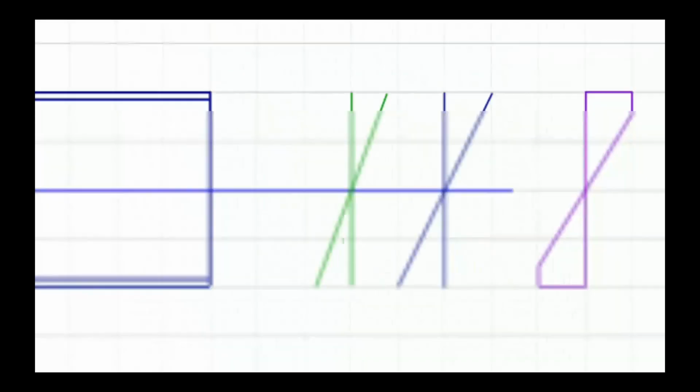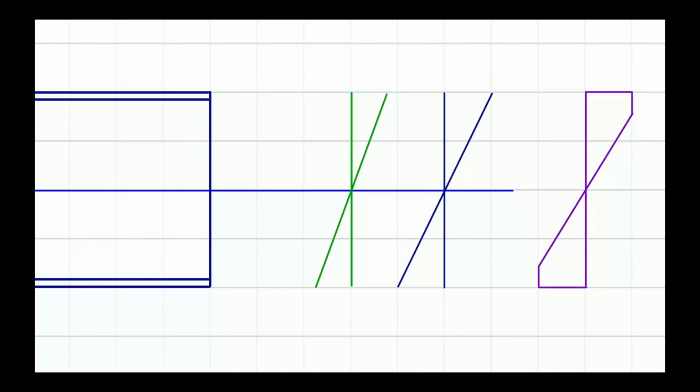We start from the green one. The green one, we apply moment. The moment is still smaller than the My. So this is the elastic moment.